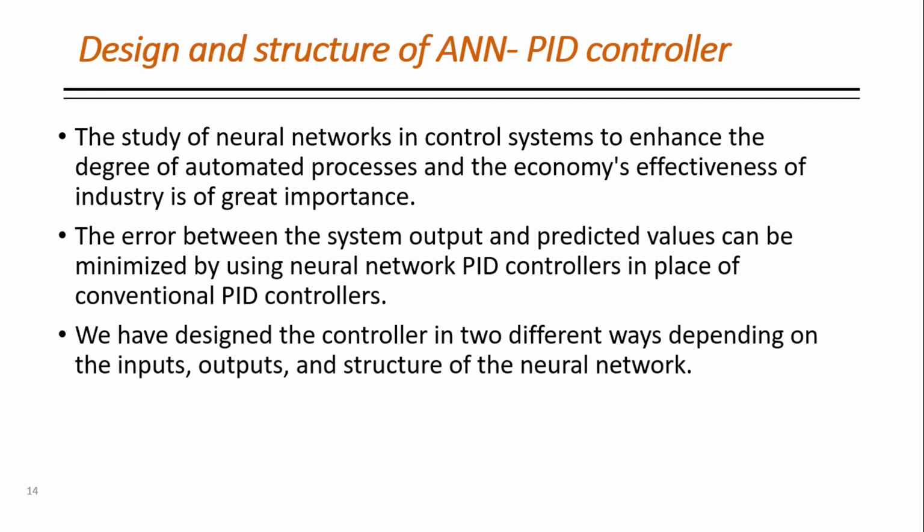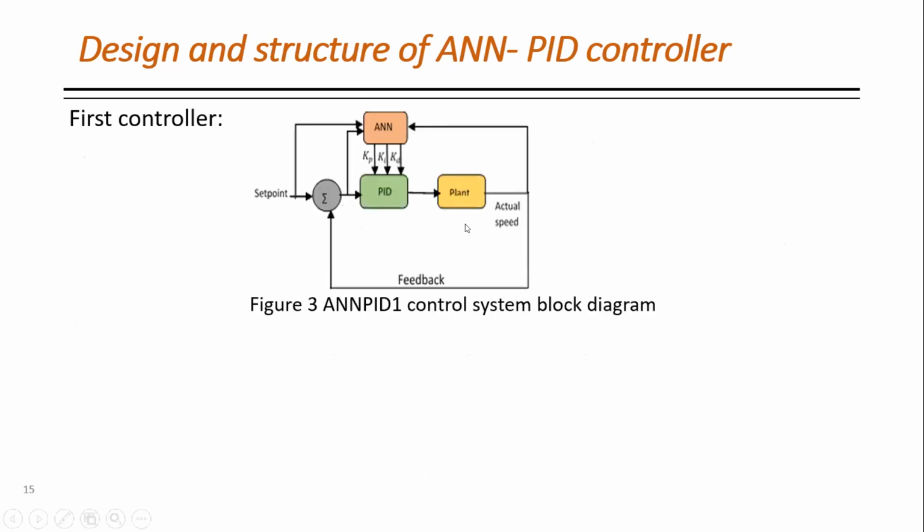We have designed the controller in two different ways depending on the inputs, outputs, and the structure of the neural network. Here the first controller tested in this study is made up of a classical PID controller plus a neural controller, which we denote as ANN PID1.